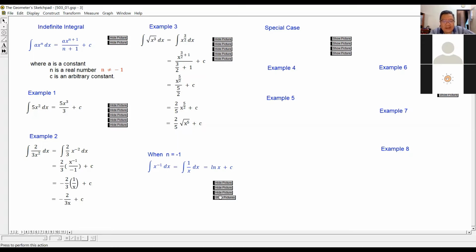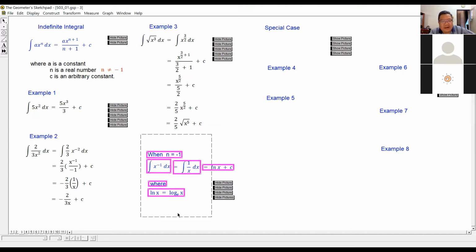But this log x here is not the common log that you do. The log x here is actually log base e. So all these things you don't have to know, unless you go to form 6, you go to college, then only you learn. Oh, integrate x to the power -1 is actually log x. And this log is this type of log. They call it natural log.